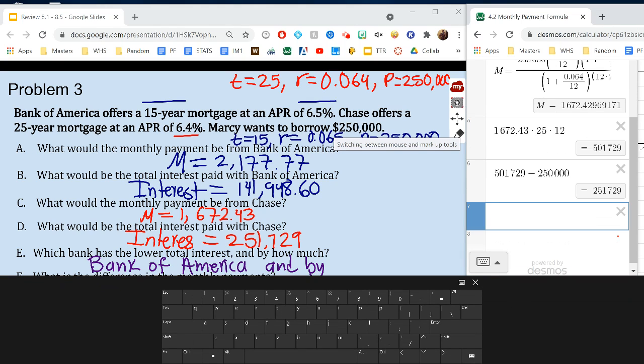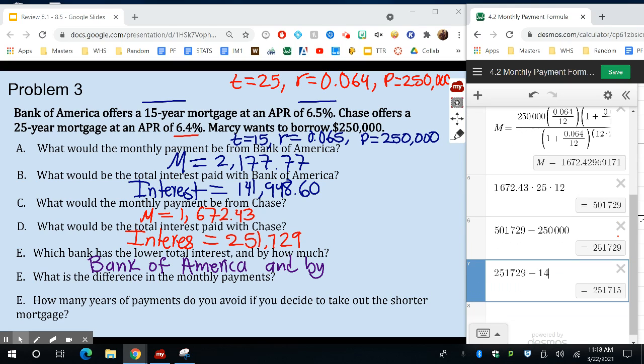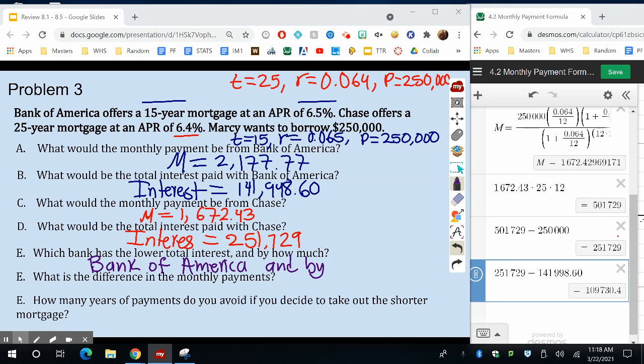We're gonna subtract 251,729 minus the interest, which is 141,998.60. So it has a lower interest by $109,730.40. Okay, so if you decide to go with Bank of America, that's how much money you're going to be saving, or in this case, Marcy actually.